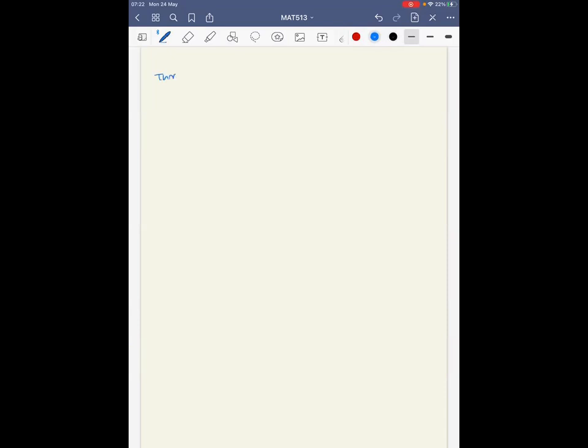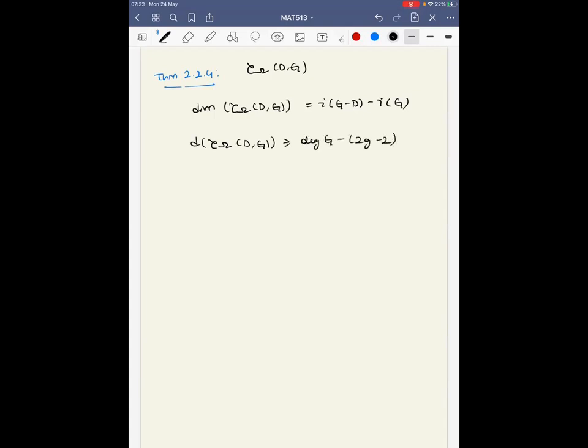And indeed, thanks to this observation, we can see that for an AG code, which is described in terms of the local components of a Weil differential, we can compute its dimension in terms of the index of specialty and its minimum distance is bounded below by degree g minus 2 genus minus 2.